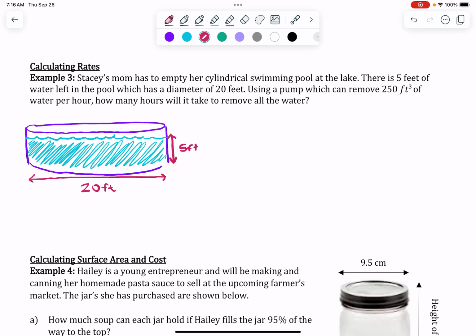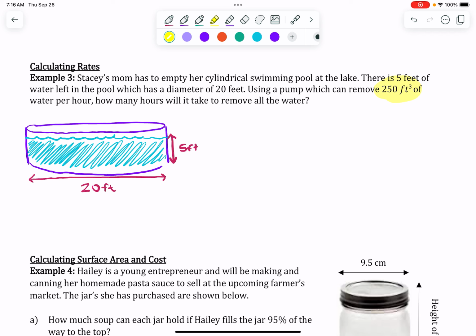Now, a couple of things that I need to think of here. Well, in my question, I can see quite clearly that one of the values is in cubic feet, right? Feet cubed. This is a hint that I need to have volume at some point. I mean, volume might have already been obvious to you because I'm talking about how much water can fill this pool, right?